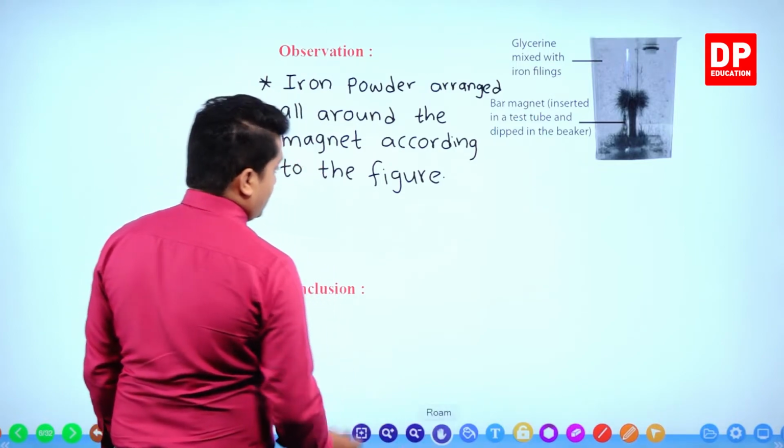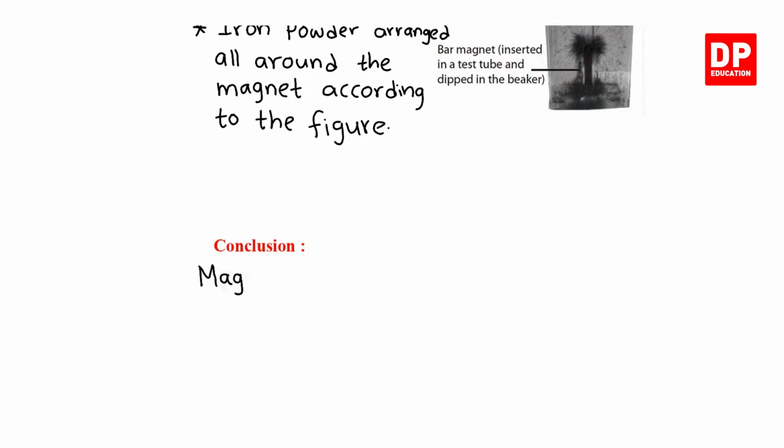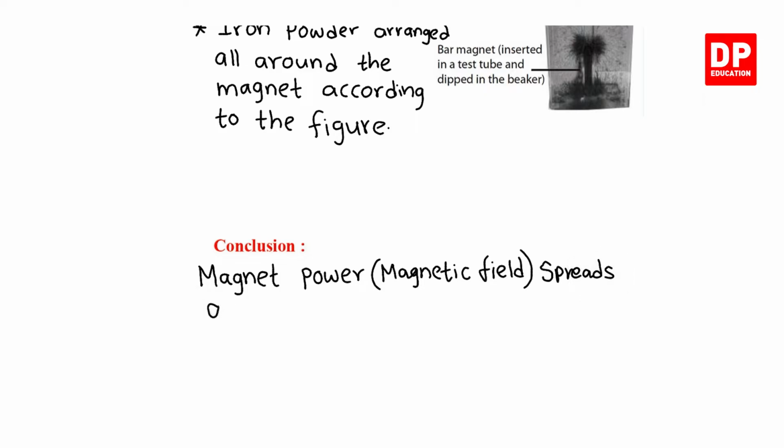So we can write finally in our conclusion, magnetic power, or else the magnetic field, I'll include that within the brackets, spreads around the magnet in all directions.